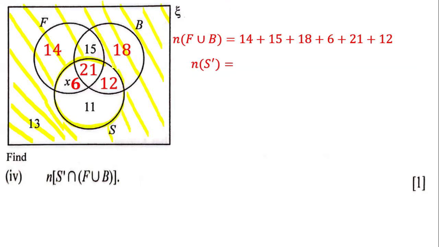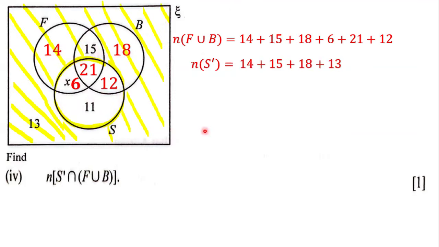We do not include 6, 21, 12, or 11 because they are inside S. We want S complement, so that means that we can have 14, 15, 18, and 13.